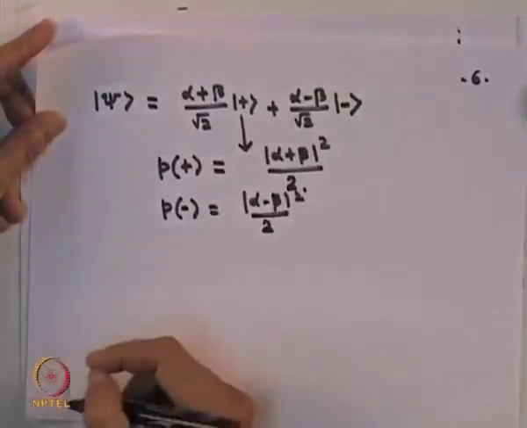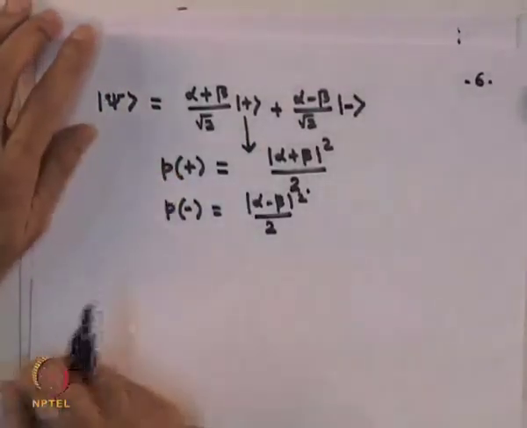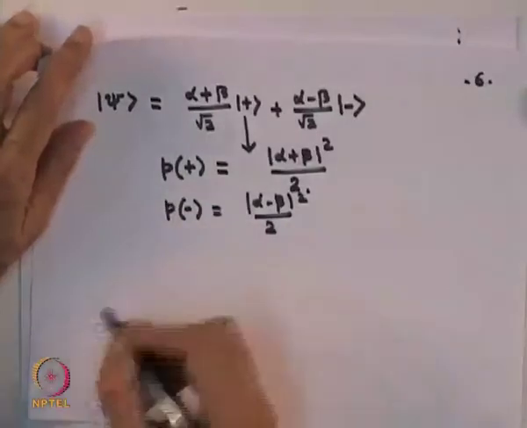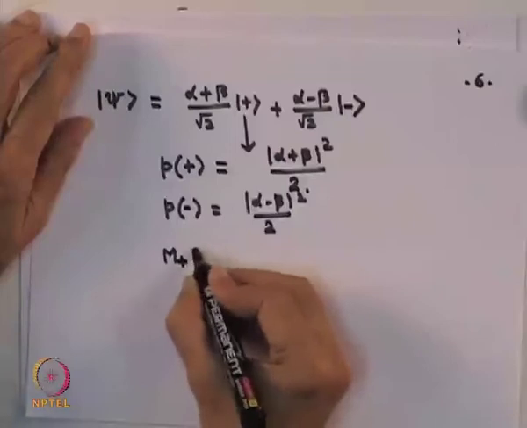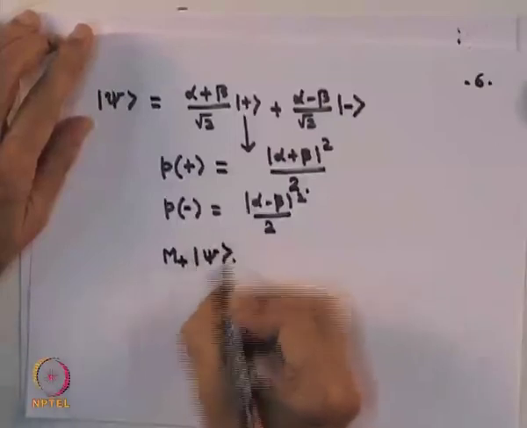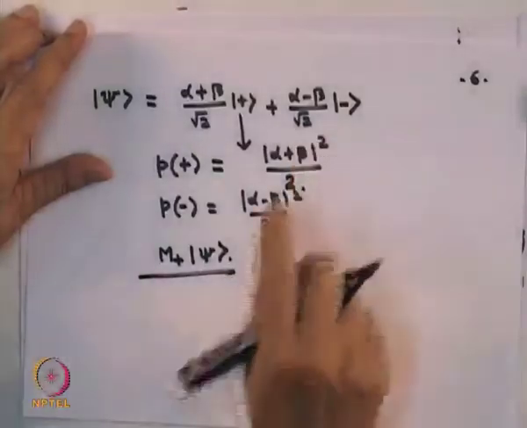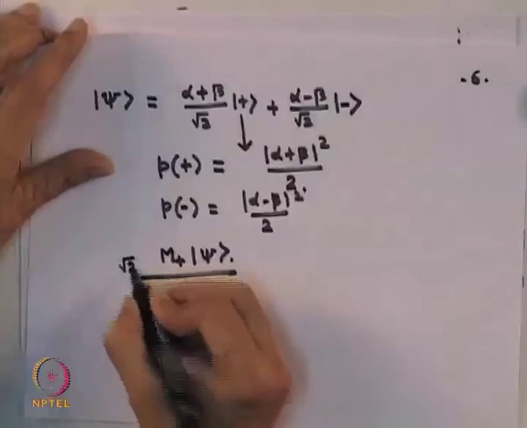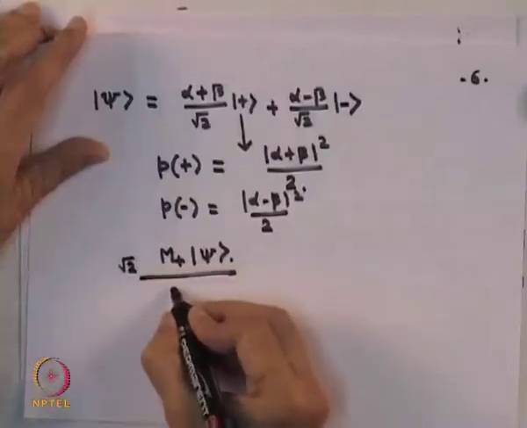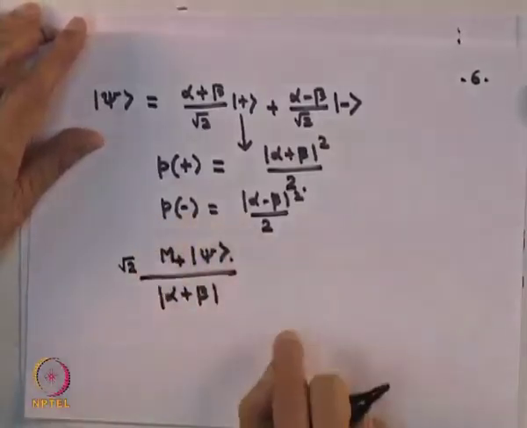Now, suppose my state is plus. In the same way, I can compute the post measurement state. You can simply compute M plus acting on psi divided by the corresponding probability which we have written down there, so square root of 2 divided by modulus of alpha plus beta, because this was the square root of the probability.